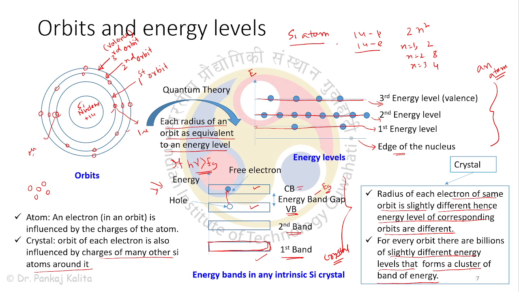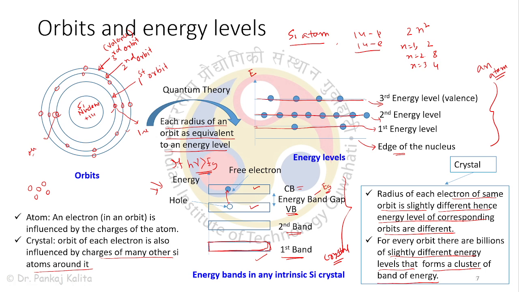We know in an atom we have a nucleus and orbits around it. Each orbit has a different number of electrons, given by 2n squared, if you remember the basics we have studied. Each of these energy levels can be represented in an equivalent diagram as shown here, where each energy level has different electrons.